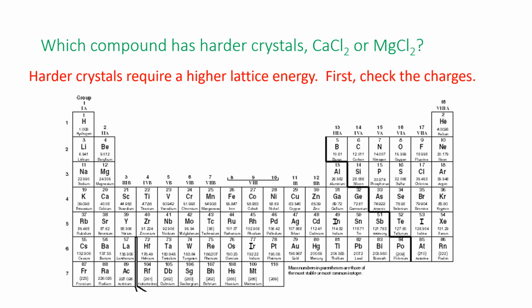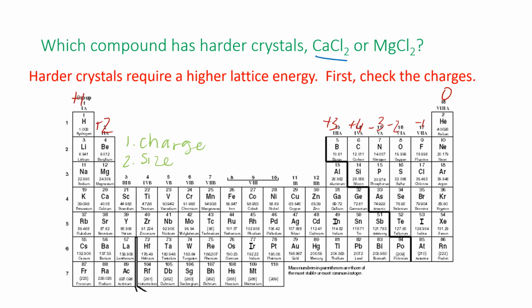And remember, charge is always going to be the first thing we look at. So charge goes first. And then second, what do you think it is? That's right, it is the size. So let's go ahead and look at the charges for calcium chloride and magnesium chloride. Let's go ahead and put in the charges first.